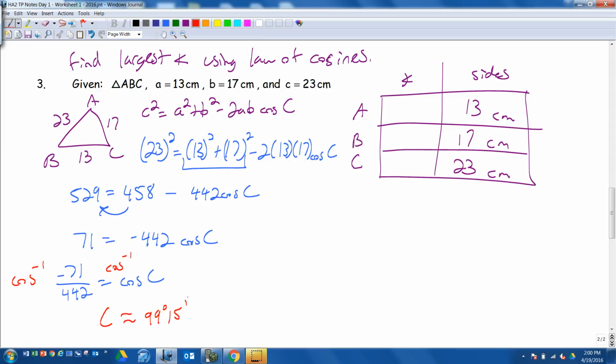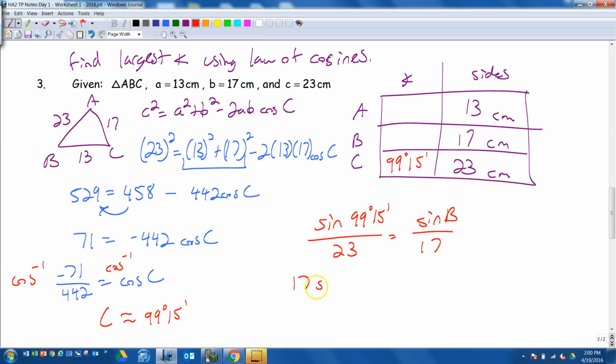And again, this is very helpful for us because we now have the obtuse angle, which means that to get the other two, we can now use law of sines. So I'll use law of sines to find angle B. So I have sine of 99 degrees 15 minutes over 23 equals the sine of B over 17.